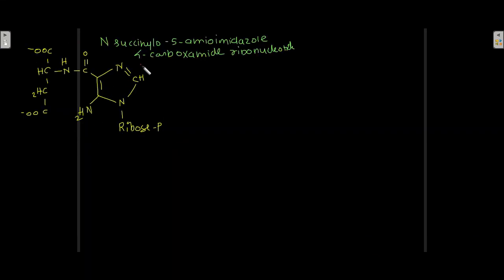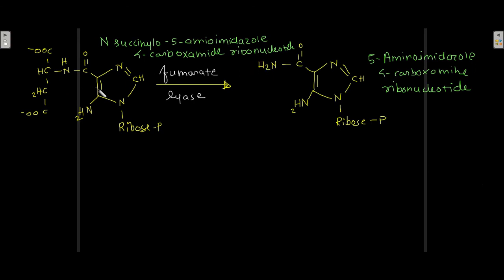So you start with N-succinyl 5-amino imidazole 4-carboxamide ribonucleotide, and the fumarase enzyme acts in the presence of fumarate, and this is formed, that is 5-amino imidazole 4-carboxamide ribonucleotide.